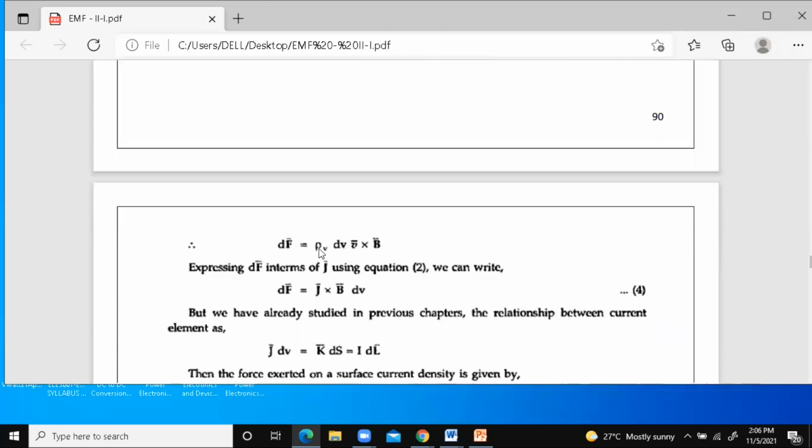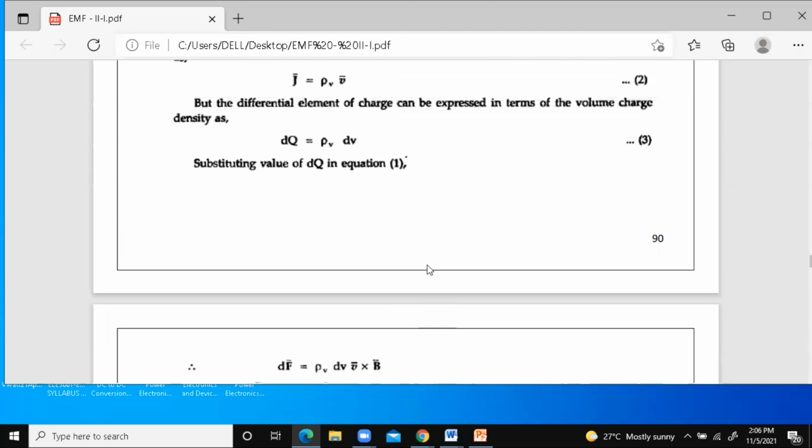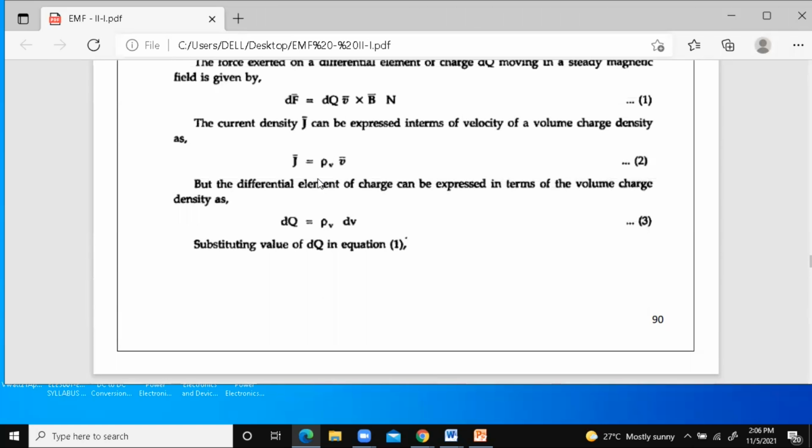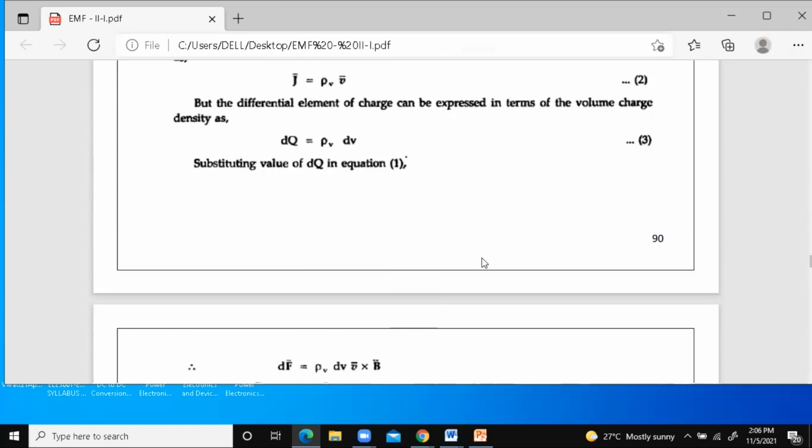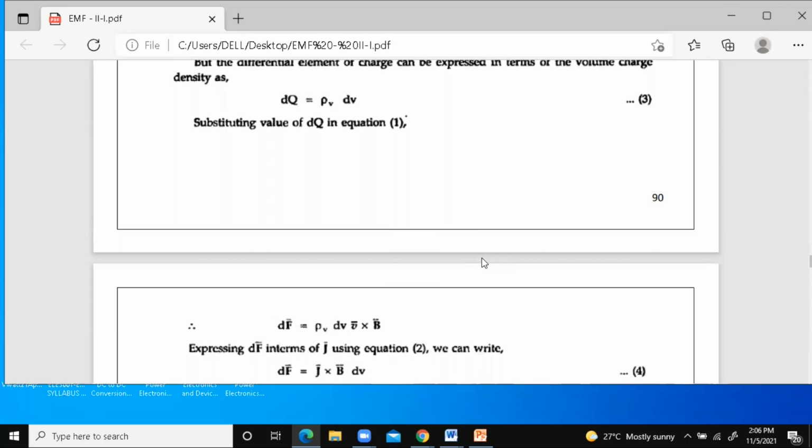So dF equal rho V dV times the velocity cross B. Now, expressing dF in terms of J using equation 2, we get dF is J cross B dV.